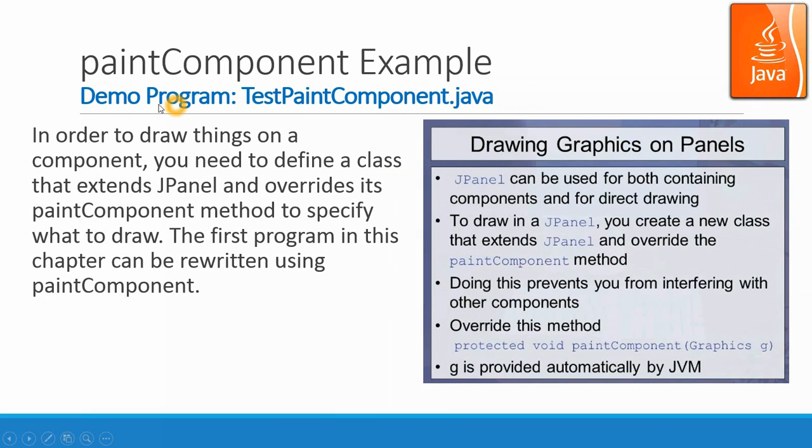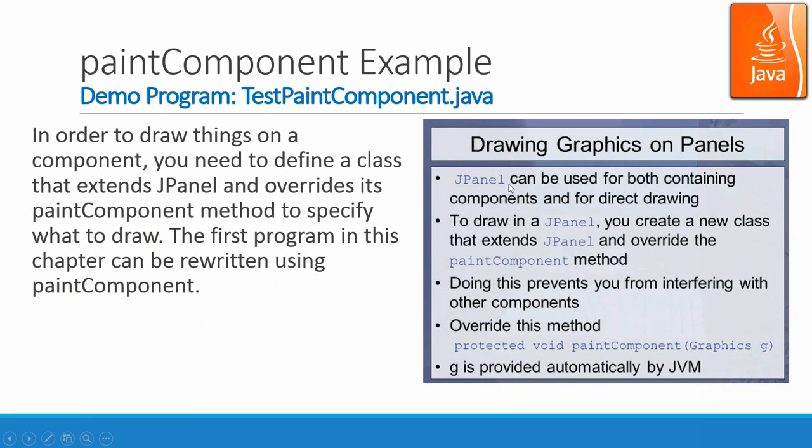paintComponent example. We have a demo program, TestPaintComponent.java. In order to draw things on a component, you need to define a class that extends JPanel and override its paintComponent method, because JPanel doesn't paint anything other than the panel. So you need to extend JPanel and override it to specify what to draw. The first program in this chapter can be rewritten using paintComponent.